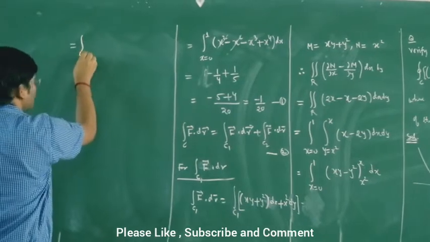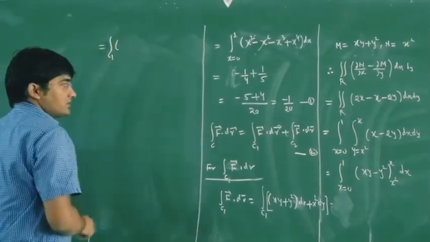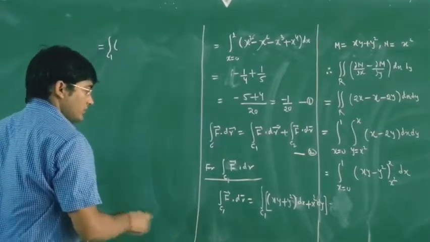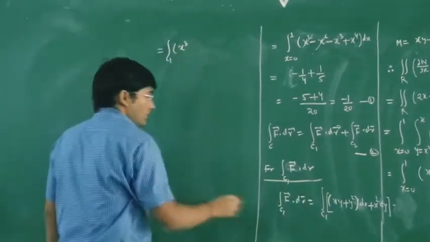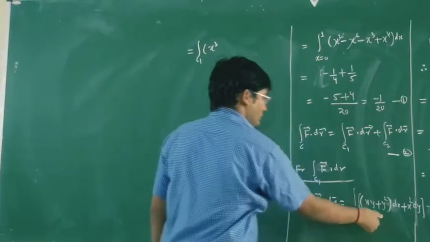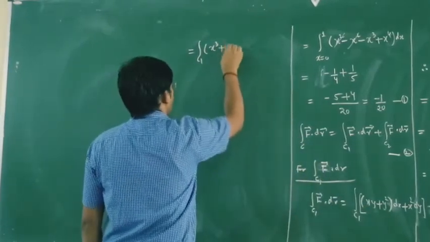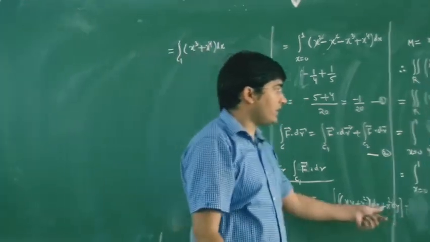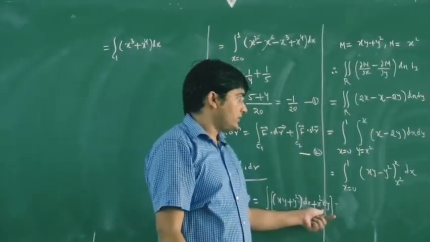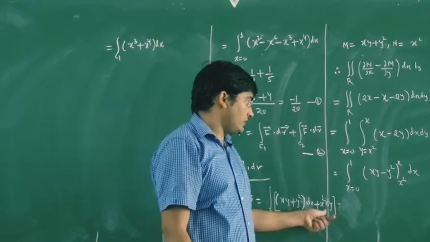So this is your C1, your y is equal to x square. So this is your x square, so this will be your x cube. Your y is equal to x square, so this will be your x power 4. And then here we have dy, so your dy will be 2 into x into dx.